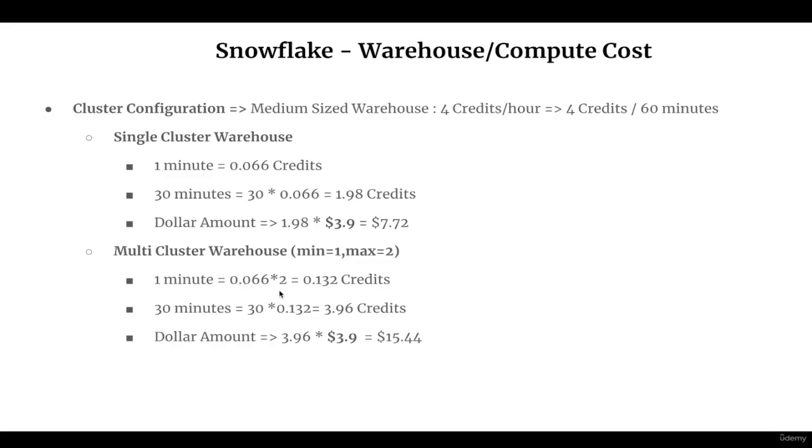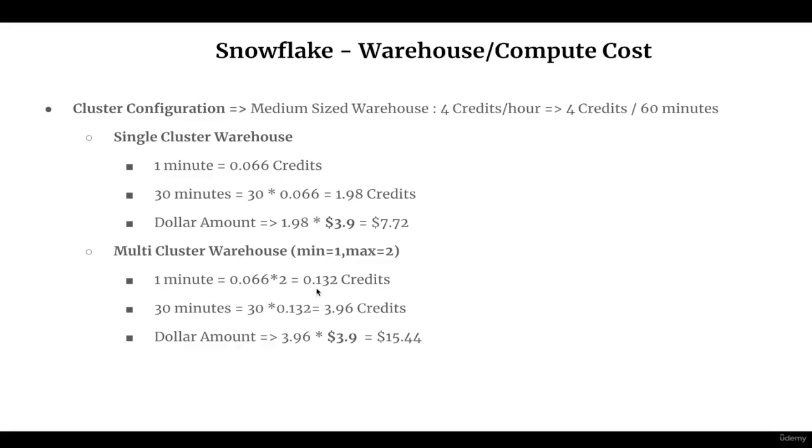But let's say in this case, the workload was enough, or you had enough operations or SQL statements or data ingestion pipelines running on this warehouse, so that Snowflake had to keep both the warehouses alive for 30 minutes. So let's say your warehouse was maxed out and both the clusters were alive for 30 minutes.